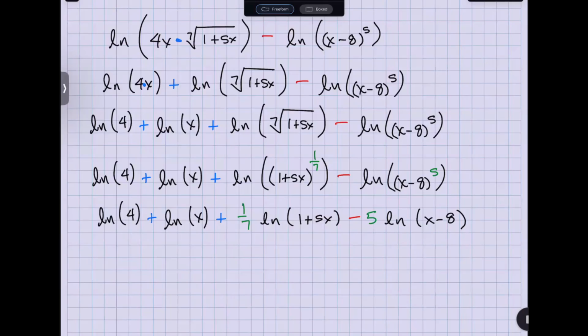Number 13. So power up: e to the 2x equals 7. The opposite of e is ln. So you got 2x equals ln of 7. So x must equal ln of 7 divided by 2. That's it.